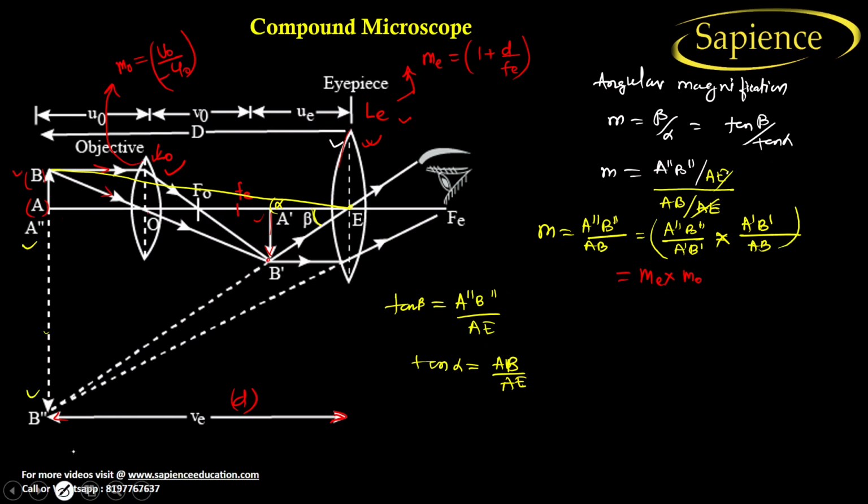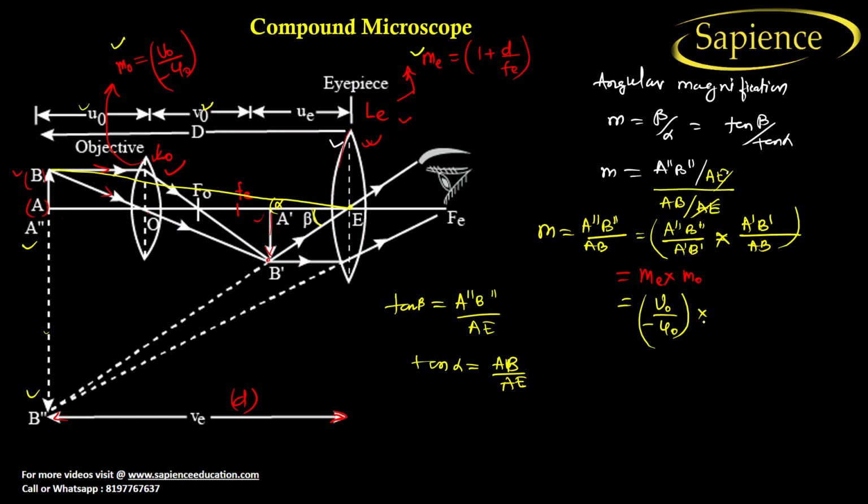We have already got the magnification of the eyepiece, and we have already got the magnification of the objective lens. So magnification of the objective lens is v naught by u naught, the image distance by object distance, but we are putting some symbols. Why? Because after the derivation we will not again put symbols while solving a numerical.